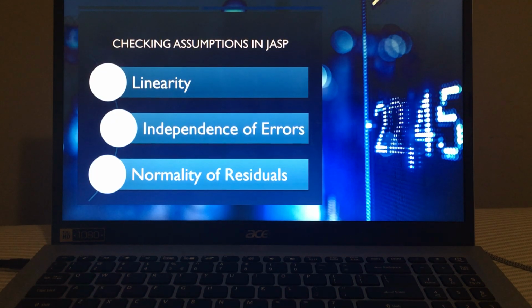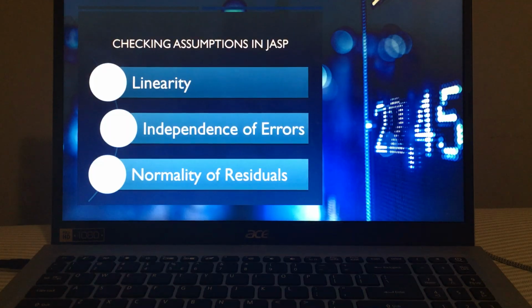We can check this assumption using the plot of residuals versus predicted values, which we're going to get into in JASP in a little bit. On this graph, there should be no clear relationship between the residuals and the predicted values of y.